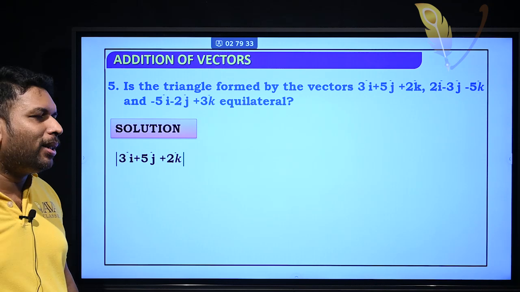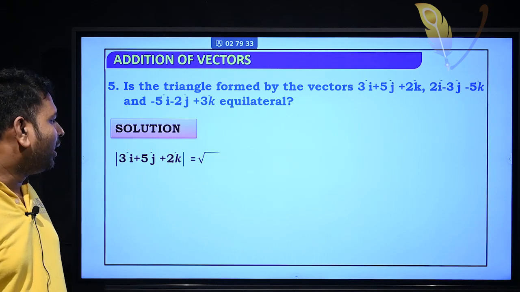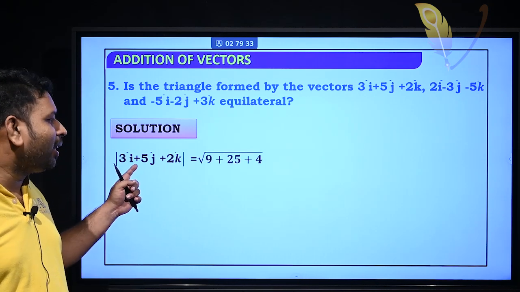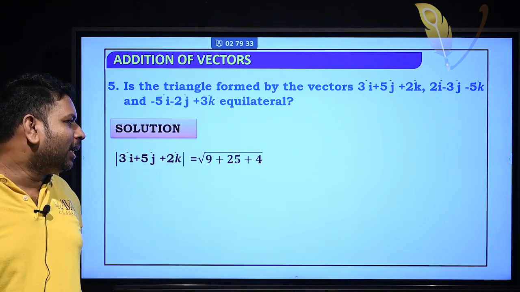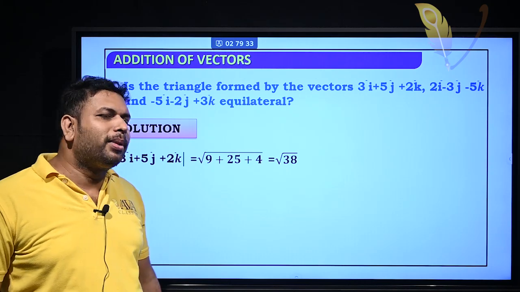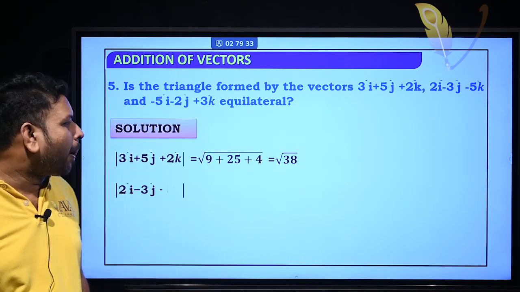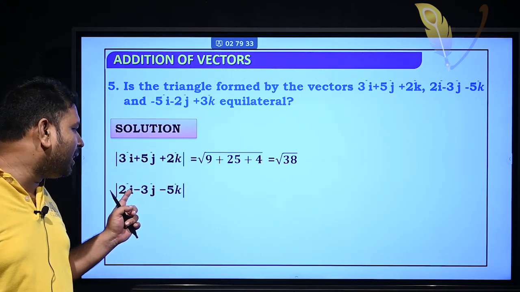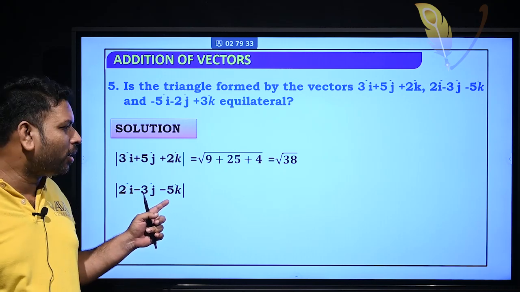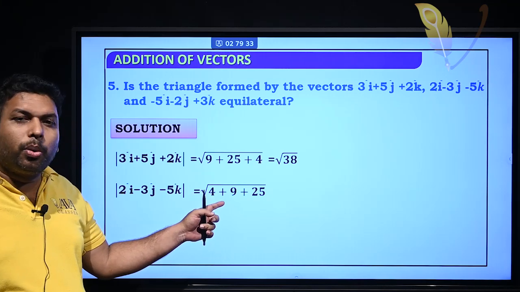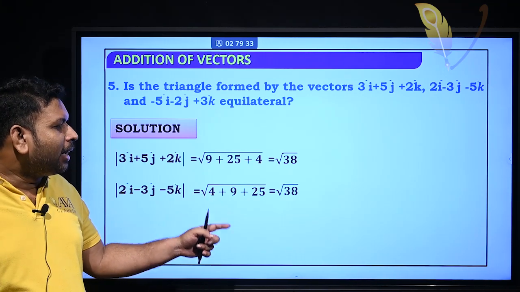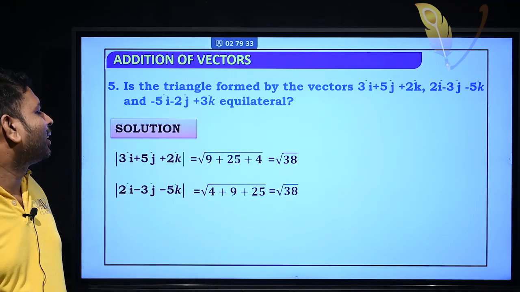The modulus of 3i cap plus 5j cap plus 2k cap equals root over 3 square 9 plus 5 square 25 plus 2 square 4, that is root 38. Again the modulus of 2i cap minus 3j cap minus 5k cap equals root over 4 plus 9 plus 25, that is root 38.